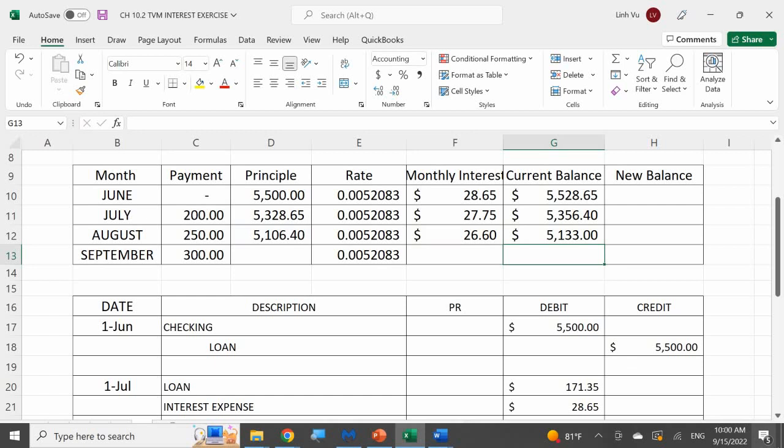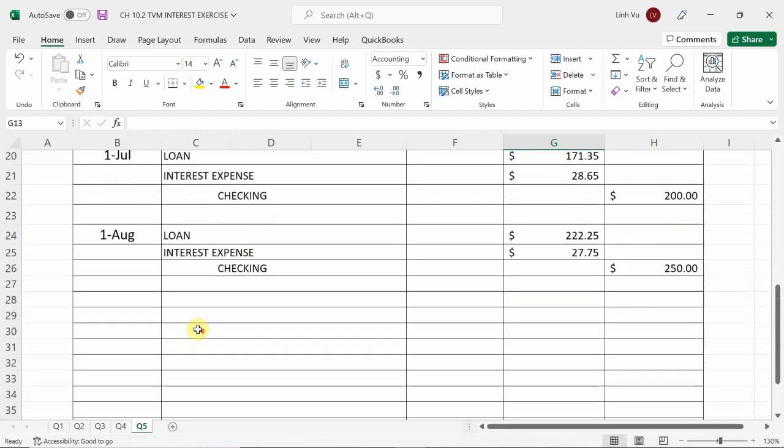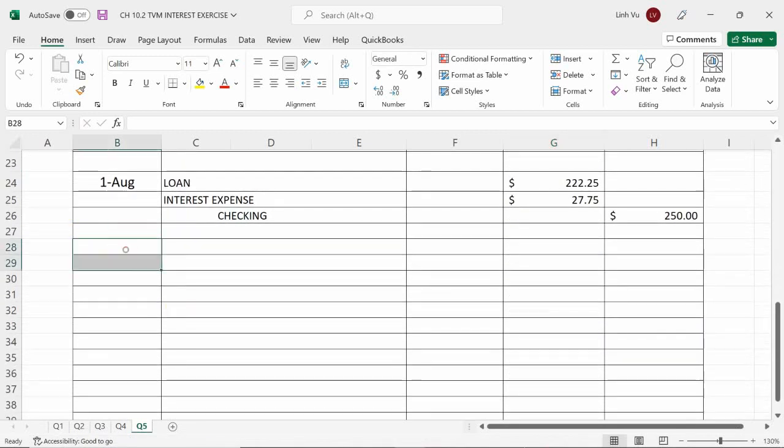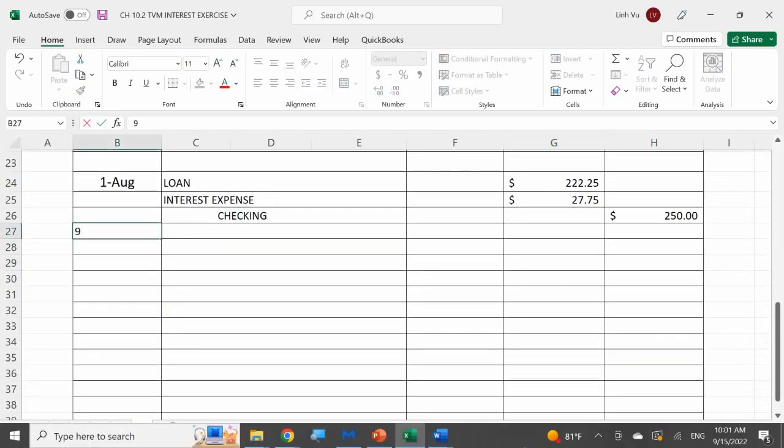Good. So now, September, you decide to pay $300. Okay, so how much money is going to go towards the principal and how much is going to go towards the interest? So same thing, right? We're going to make a payment as of September 1st here.